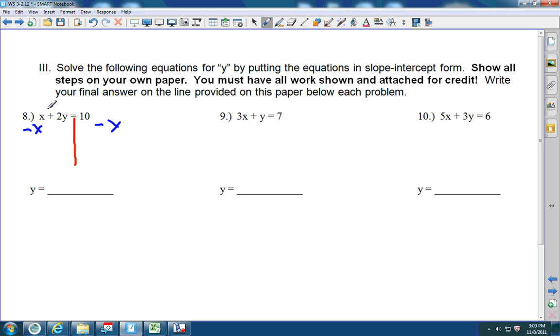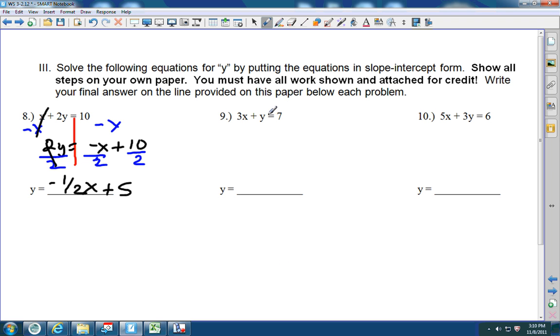I get 2y equals negative x plus 10, and I'm going to divide by 2. My equation becomes y equals, these cancel, negative 1/2 x plus 5.